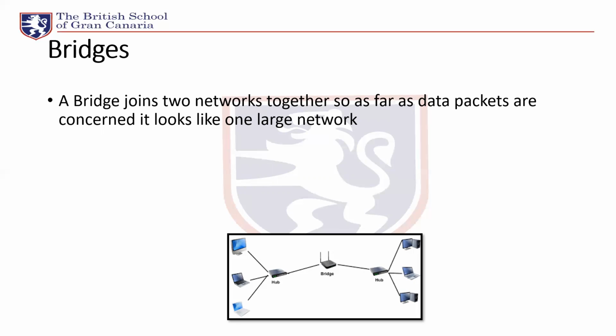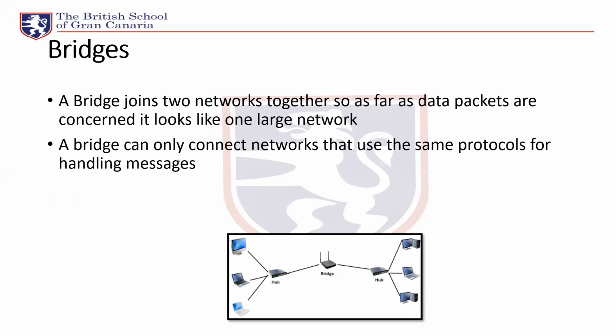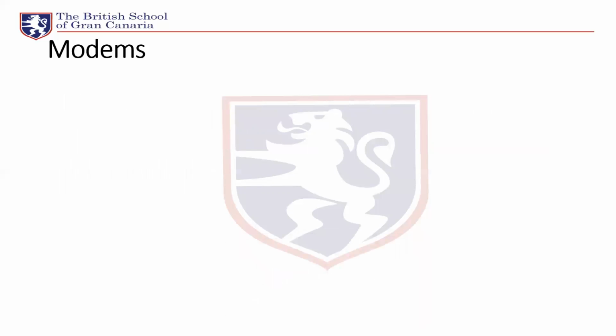Then you use a bridge to join them. As far as the data packets are concerned, it's all one network. There's absolutely no problem at all. A bridge can only connect networks that use the same protocols for handling messages. Obviously, they have to have something in common, but most of the time this will certainly be the case. You won't have one type of network in one building and another type in the other building.